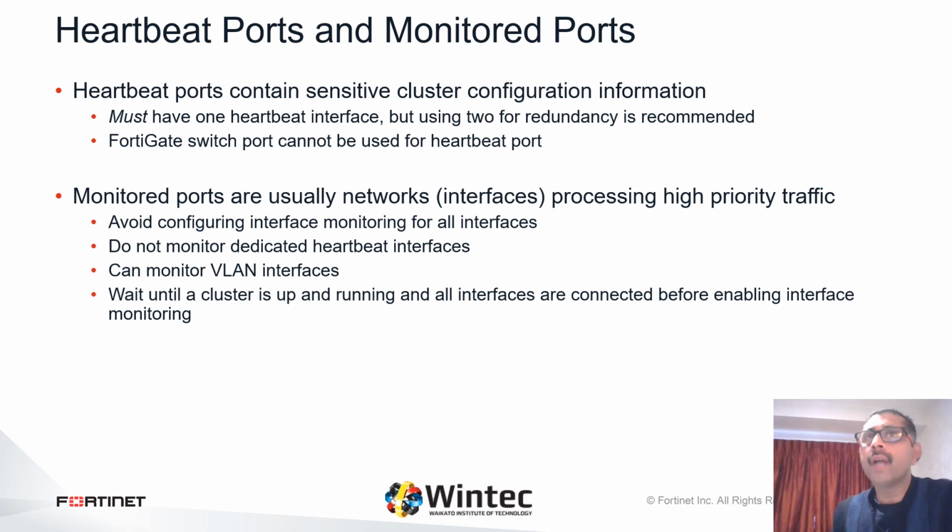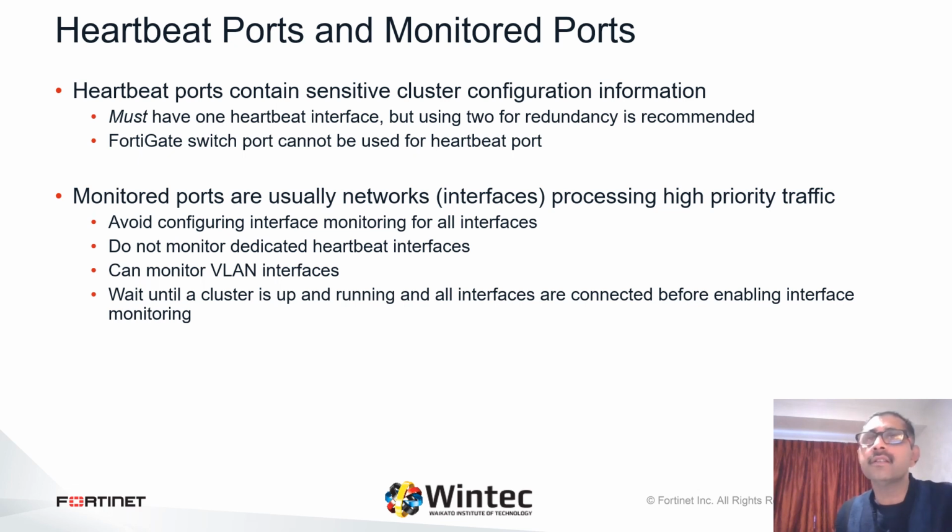Now, there are a few items that need to be considered when connecting heartbeat interfaces and configuring interface monitoring. The first point is that heartbeat ports contain sensitive information about cluster configuration and require a fair amount of bandwidth to make sure that cluster configurations are in a synchronized state at all times. One must have at least one port for heartbeat traffic, preferably two.